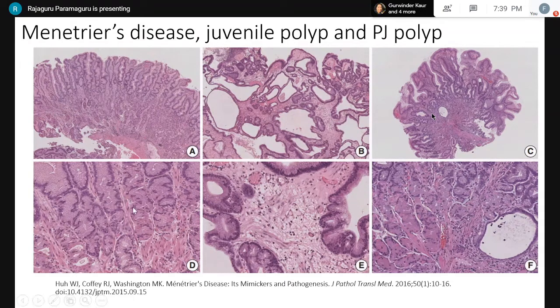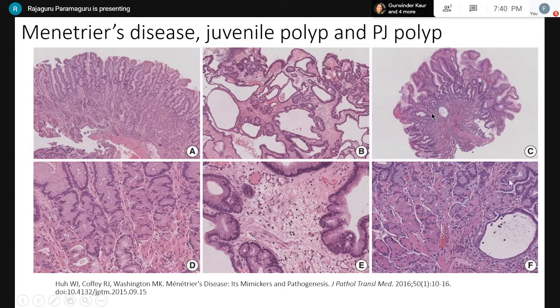Histologically, again, you might see some smooth muscle fibers in the lamina propria, which might mimic a Peutz-Jeghers polyp, but again, you are not going to get the arborizing, branching tree-like fashion of the muscle fibers seen in a Peutz-Jeghers polyp. It is going to be completely different.